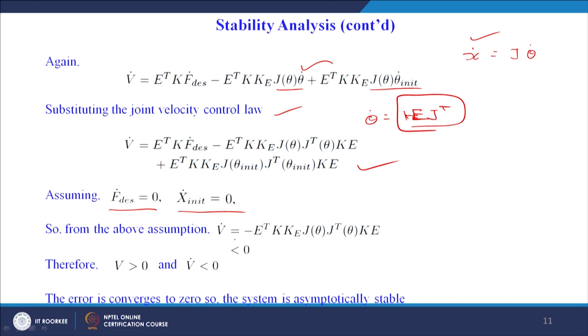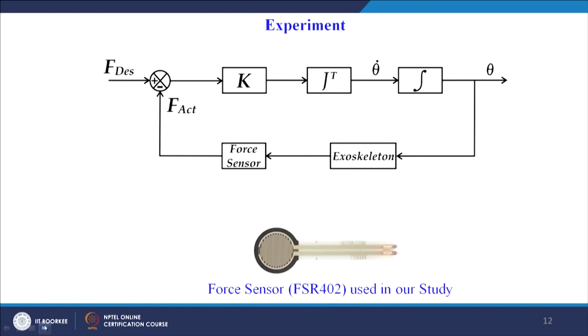So, from the above assumption we have V dot getting simplified to V dot is equal to minus E transpose K multiplied by K E into J transpose K E, which is less than or equal to 0. Thus, we proved that for the positive definite Lyapunov candidate V greater than 0, we have V dot less than 0. Thus, it implies that the error converges to 0 asymptotically, which implies that the system is stable asymptotically.